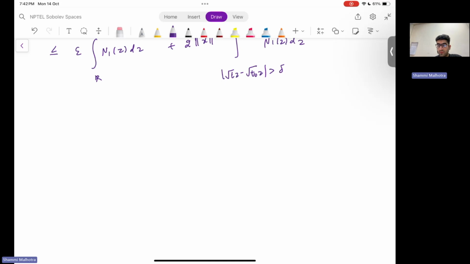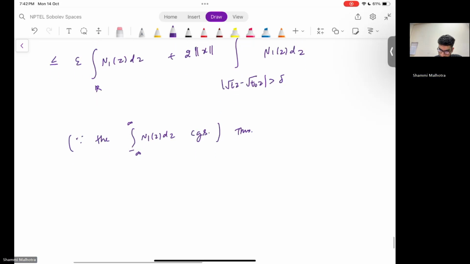Now, we know that the integral from minus infinity to infinity of n_1(z) dz converges. We have this thing: the integral over the region where the modulus of root t z minus root t naught z is greater than delta of n_1(z) dz converges to 0 as t converges to t naught.